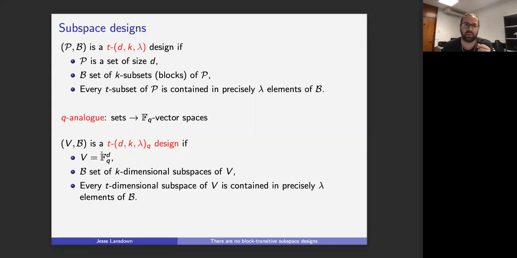And now we are over the field F_q, so we have this additional parameter q. And then the rest behaves in the way you'd expect. So we have k-dimensional subspaces forming our blocks instead of sets of size k. Instead of t-sets of size t, we have t-dimensional subspaces, but they're still contained in exactly lambda elements of B.